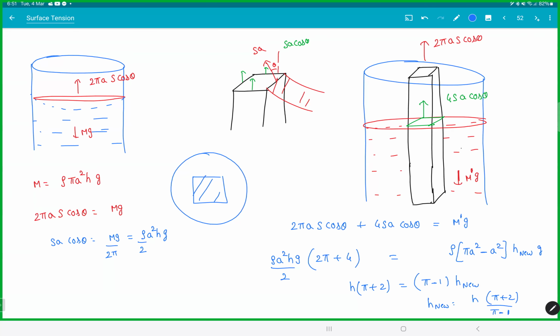But are the steps clear, everyone? So the two major things here: the square rod provided the extra force. The square rod also decreased the cross-section area, so you can get more height now. Is this making sense, everyone? Clear? Let's see one more.